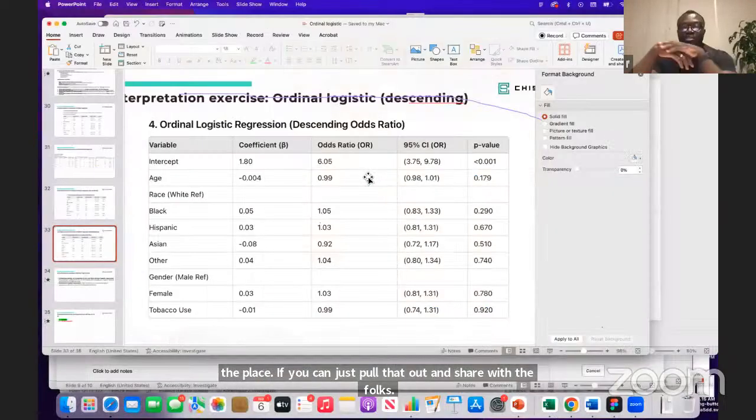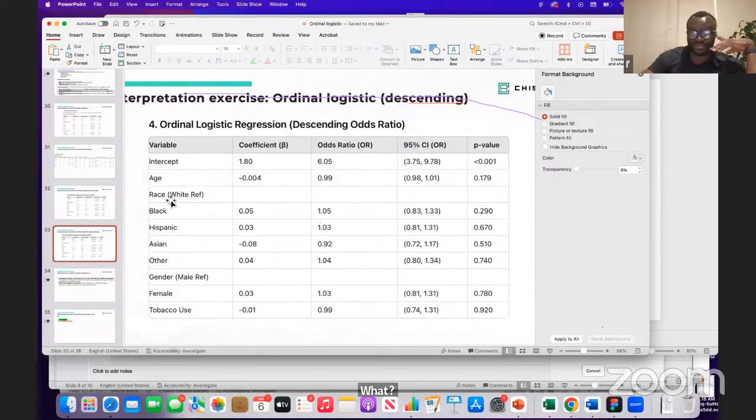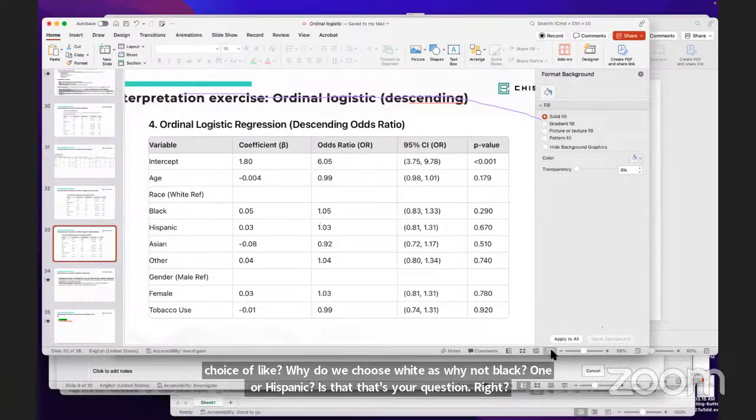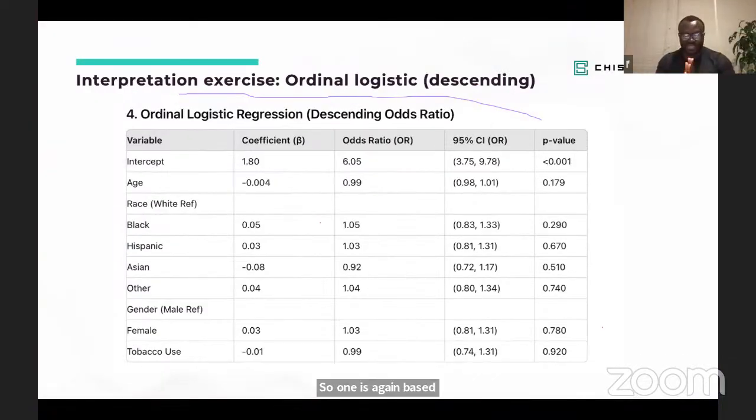The second part was what governs the choice of, like, why did we choose white as the reference group? Why not Black? Why not Hispanic? That's your question, right? Yeah. So one is, again, based on convention. Convention is not something given to us by God, but that's just how it's done in other studies.